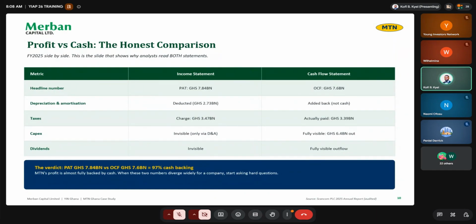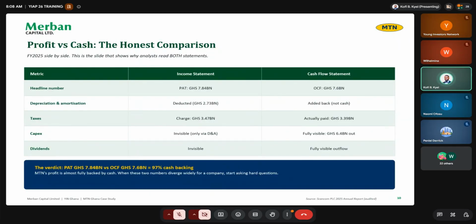That's why we always advise analysts that in case you don't have time and you have to make a summary decision on a company, the first statement you pick is the cash flow statement. You have 30 seconds to make a decision. Pick that one first, look at it. Maybe look at the cash and cash equivalent, look at the trend, how it has been in the last 3, 4, 5 years.